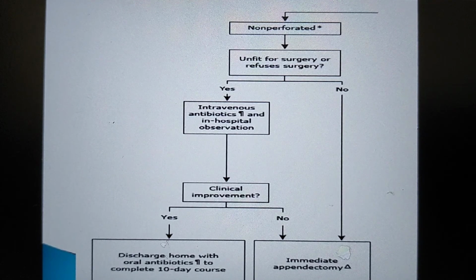If the patient is unfit or refuses surgery, we give IV antibiotic and in-hospital observation. If there is improvement, then we can discharge home with oral antibiotic to complete a 10-day course. Whereas if there is no clinical improvement, we need to proceed with immediate appendectomy to save the patient's life. And if the patient consents to surgery and there's no contraindication, then we can go to immediate appendectomy.